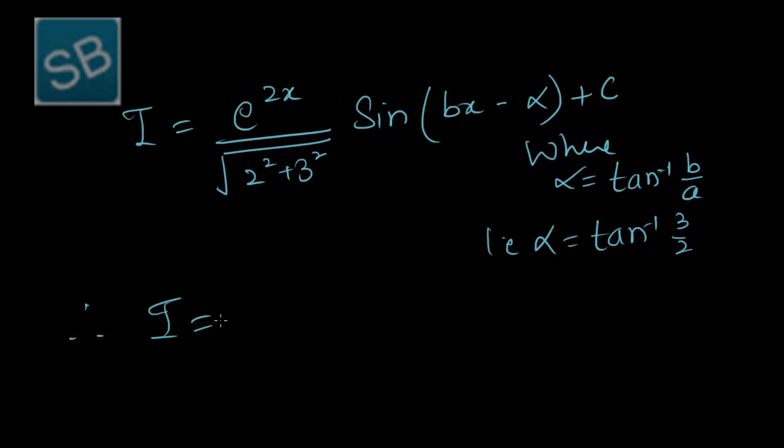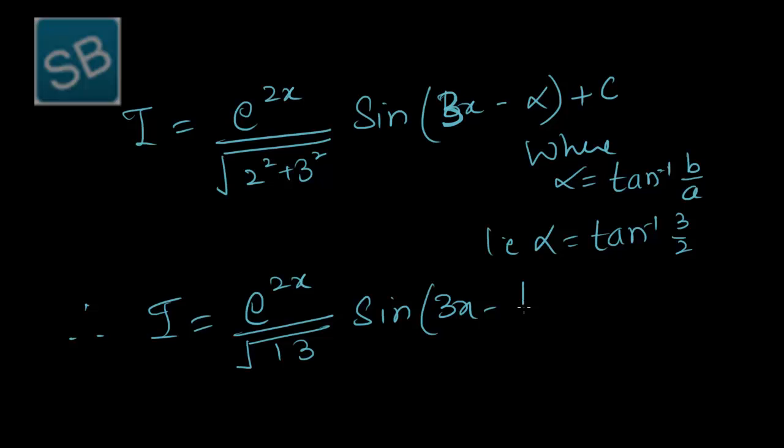Therefore, I is equal to e raised to power 2x over under root (2 square is 4 plus 3 square is 9), that is under root 13, sin of (3x minus tan inverse 3 over 2) plus c.